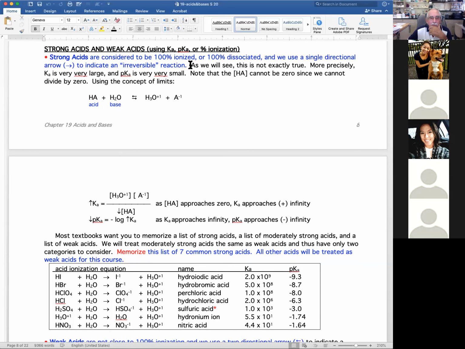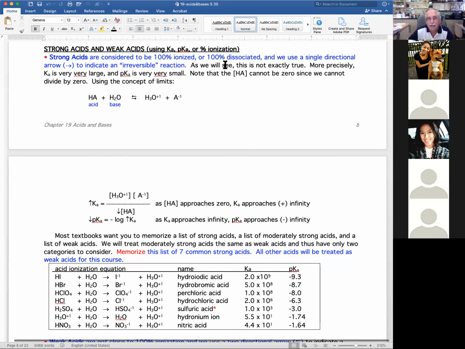So as it turns out, that's not exactly true. More precisely, what it means is that the Ka would be very large and the pKa extremely small, because this concentration cannot be 0 because we're not allowed to divide by 0.